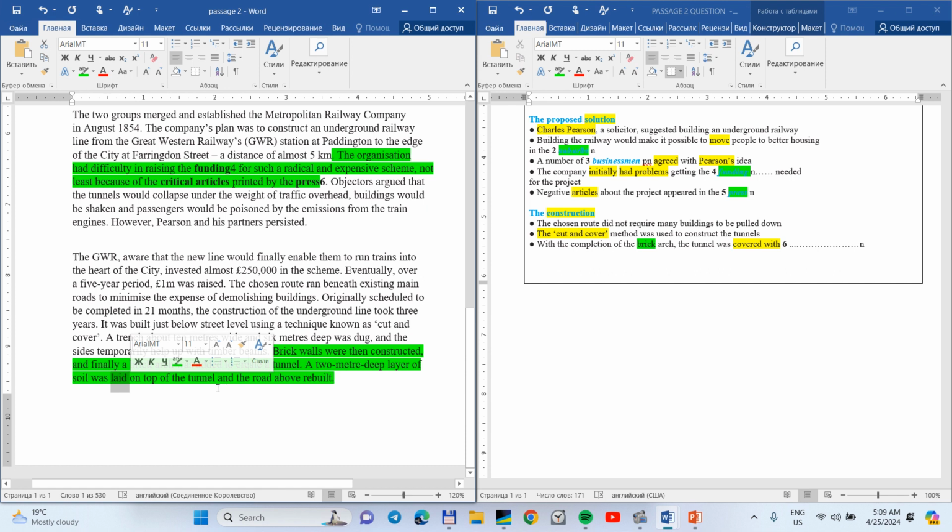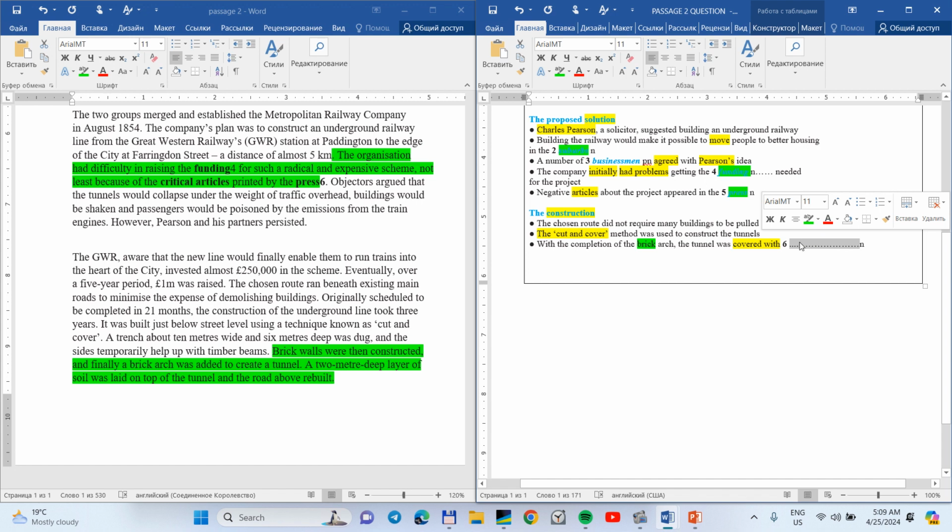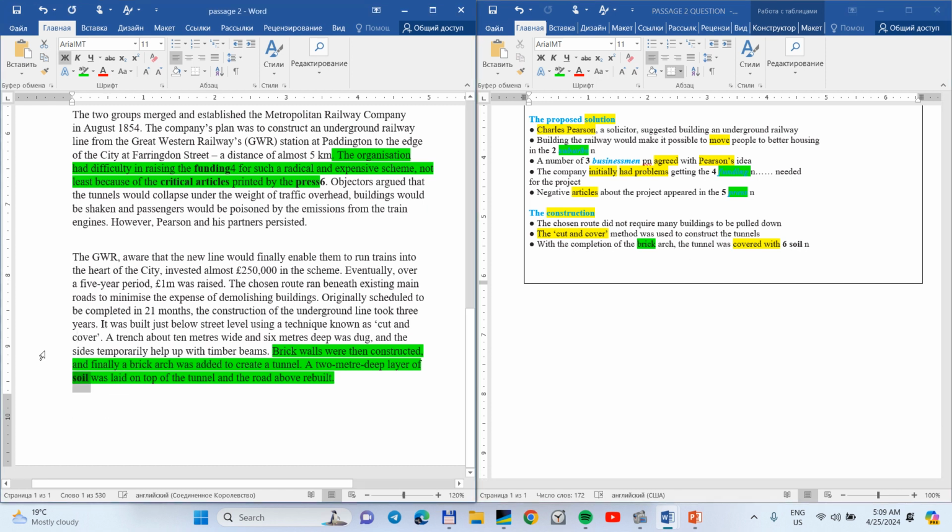What is covered with? Soil. The answer is soil. Be careful, guys, when you copy the answer, because if you copy it wrongly, it is wrong. You are making a mistake. The answer is soil here.